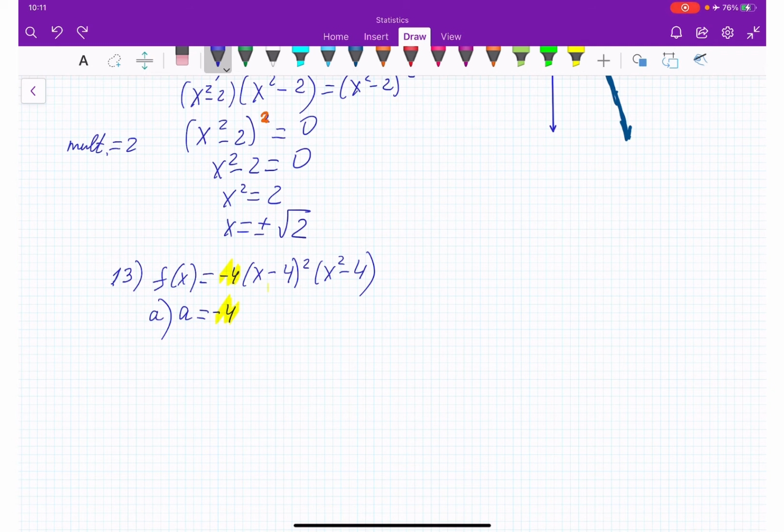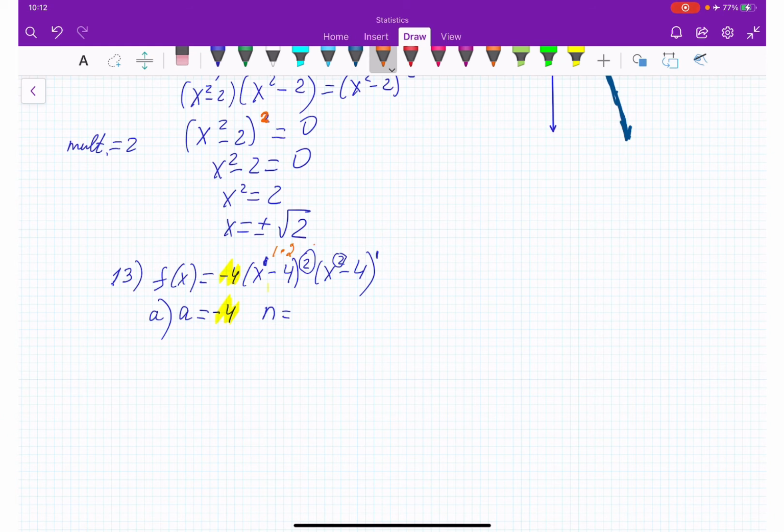Now, n degree, this is more interesting. We need to calculate. So, 2 parentheses. Here I have degree 2. Here I have degree 1. But inside I have degree 1. Inside here I have degree 2. So, for the first parenthesis, it's going to be 1 times 2.